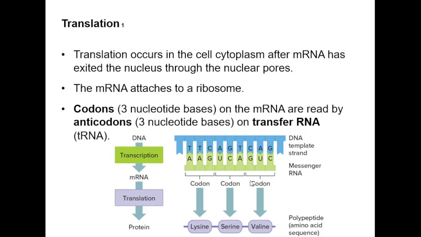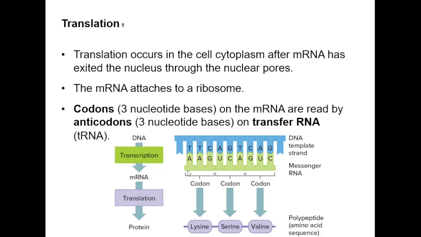Again, your codons, which are groups of 3 nucleotides, will be read by your ribosome. Once it reads and groups them into codons, the ribosome will look for an anticodon which will be complementary to your messenger RNA.